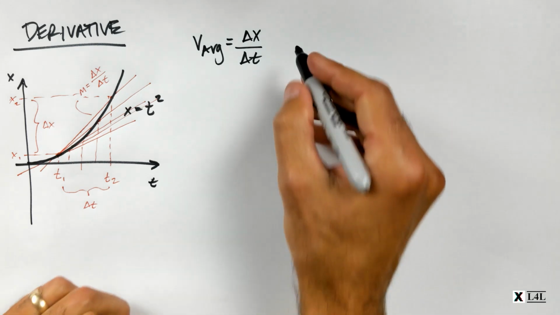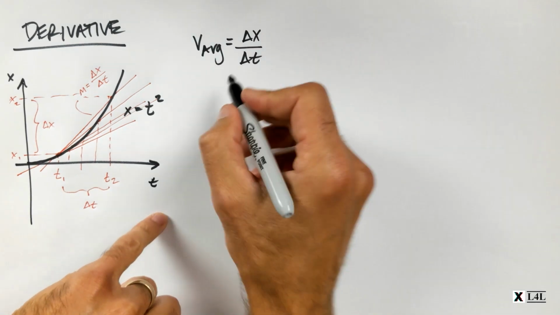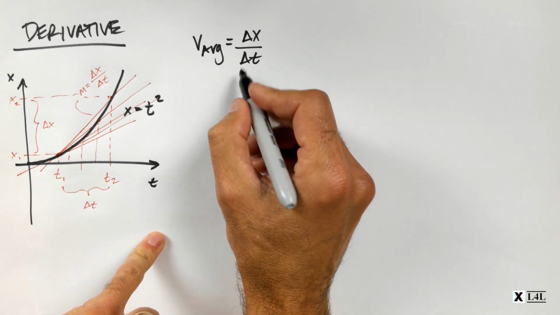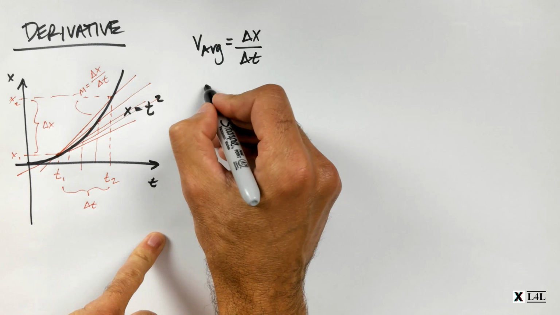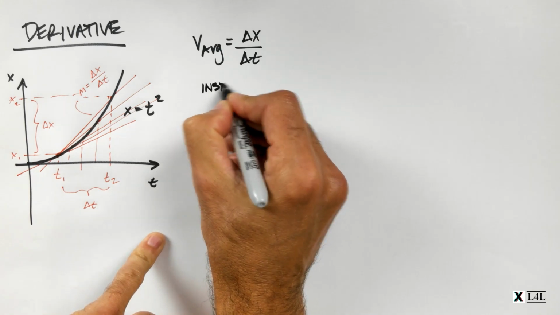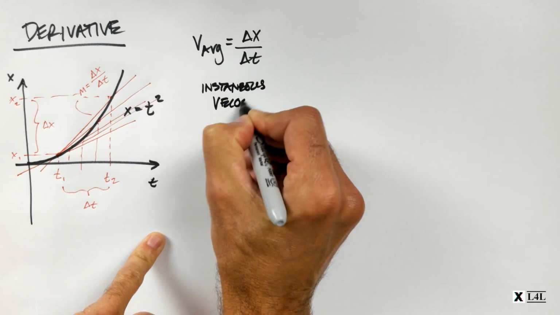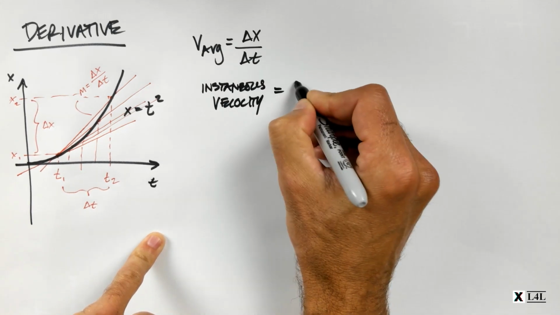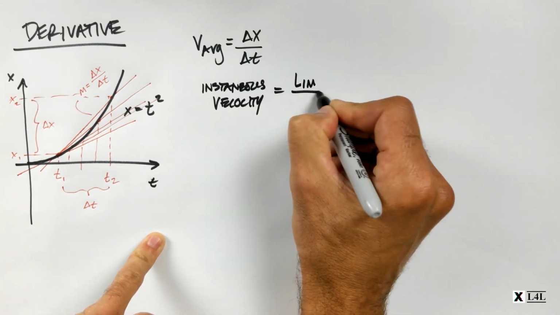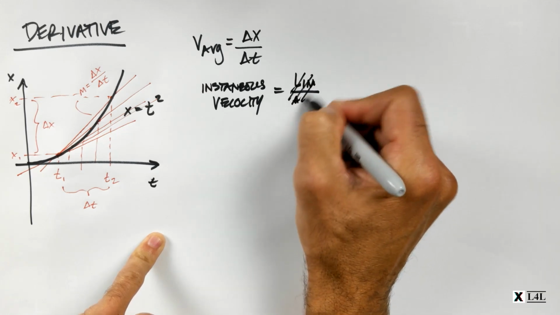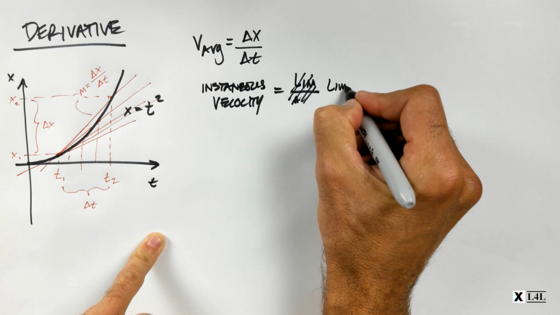So really what we want to do is look at this equation and say, if I want to know my instantaneous velocity, I need to take the limit as delta t approaches 0 of the rise over the run. Oh, I don't know why I divided that there. It's just really just the limit.